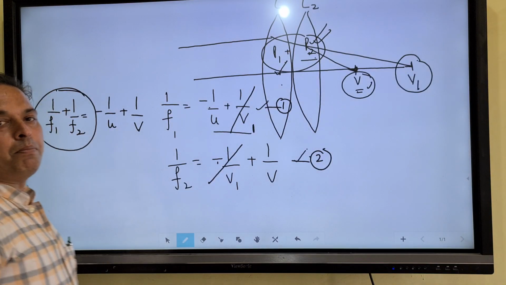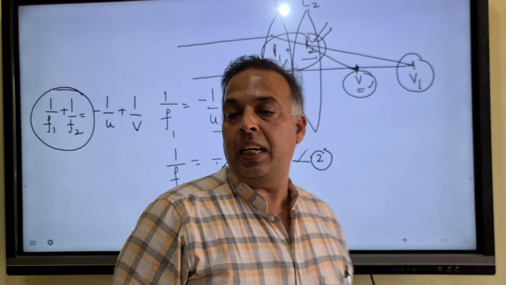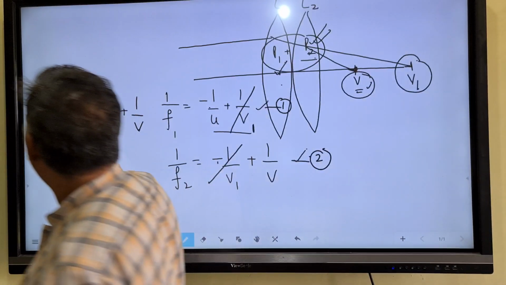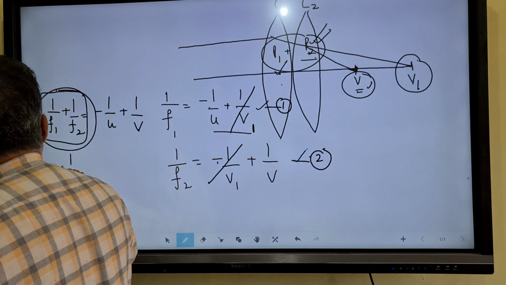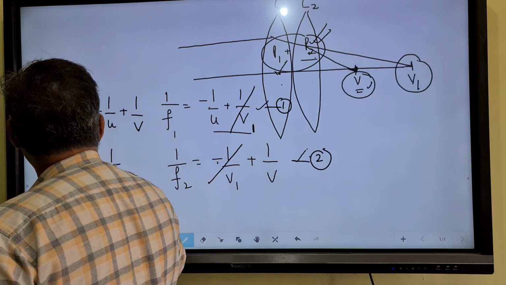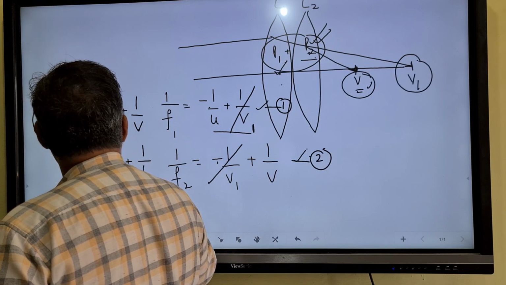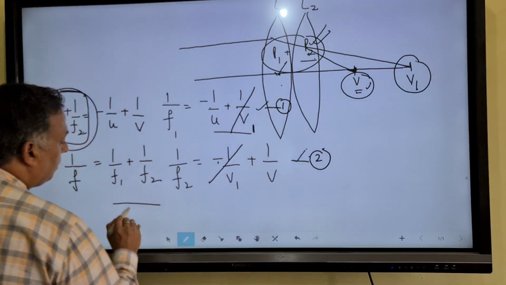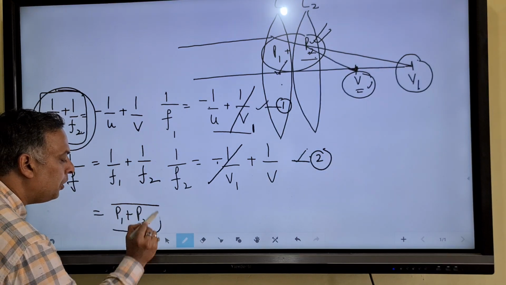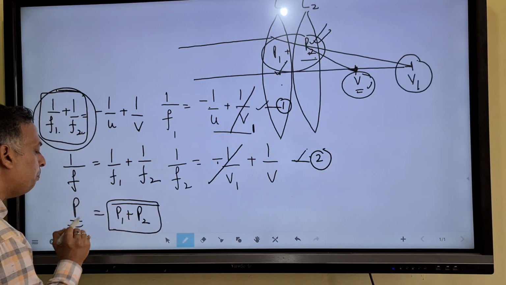This becomes the actual power, so this becomes the focal length f of the combination of lenses. This becomes 1 by f1 plus 1 by f2, so this becomes P1 plus P2, which is equal to P.